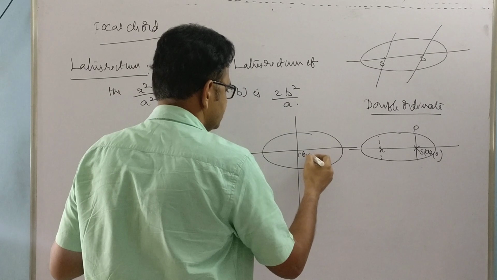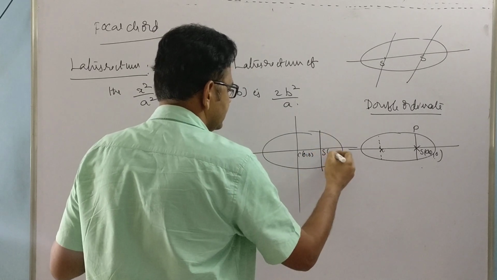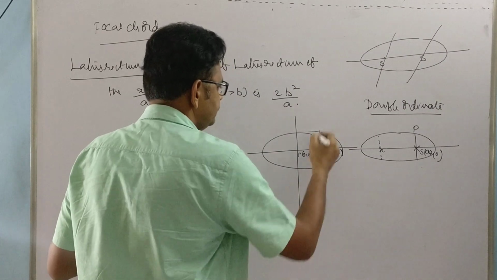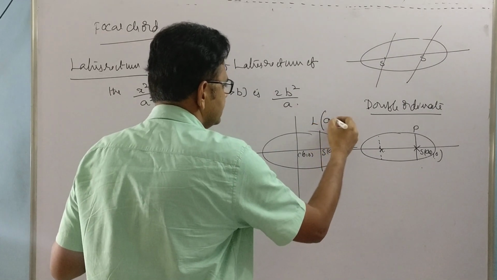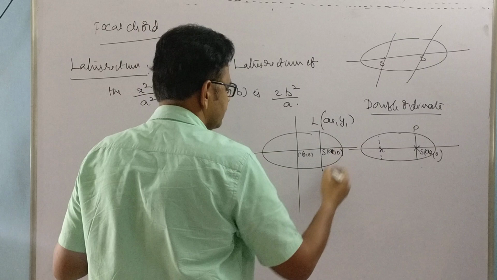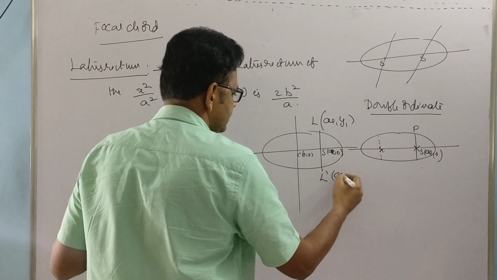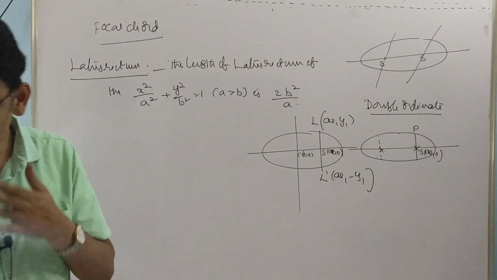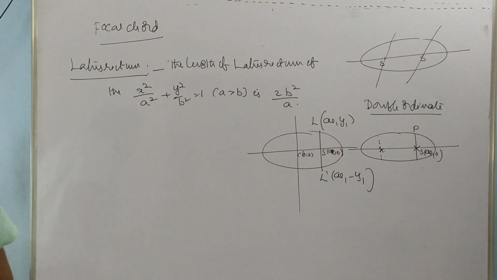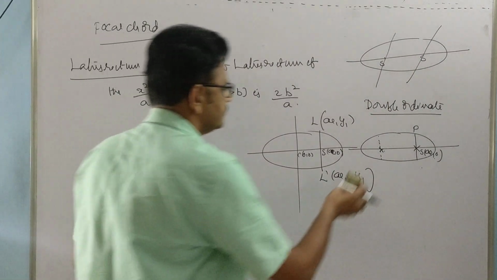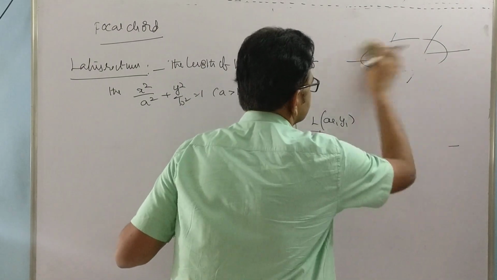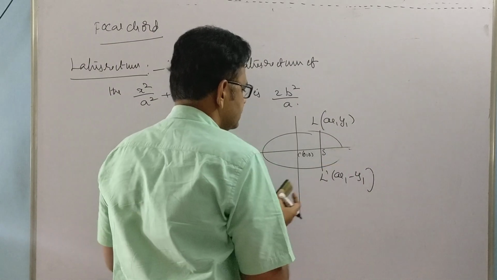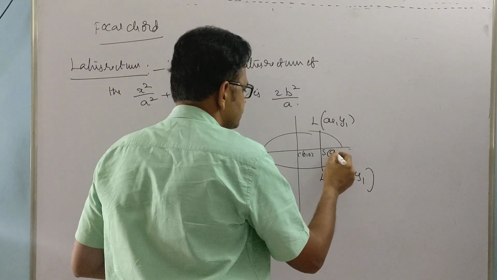Center (0, 0). S coordinates (ae, 0). Let the points (ae, y1) and L dash (ae, minus y1) be the end points of the latus rectum. So this is the focus (ae, 0).